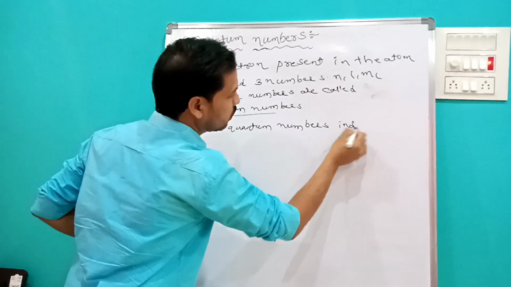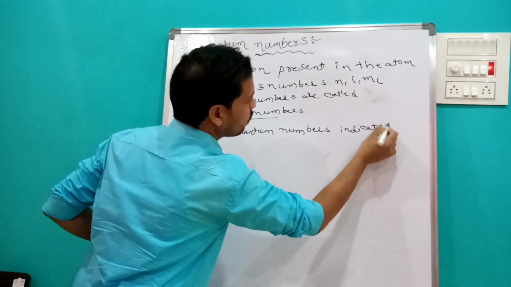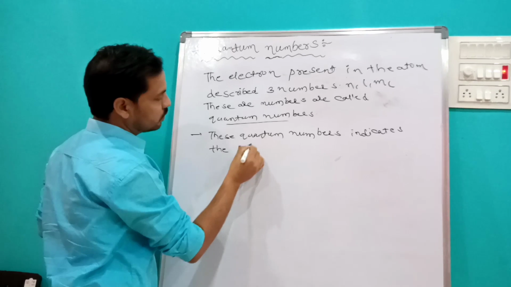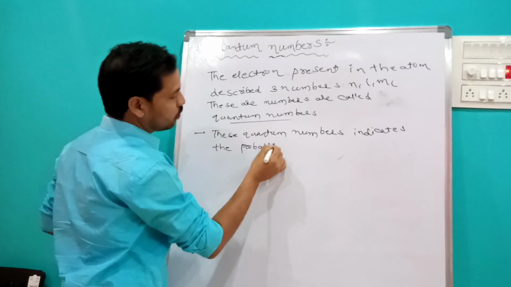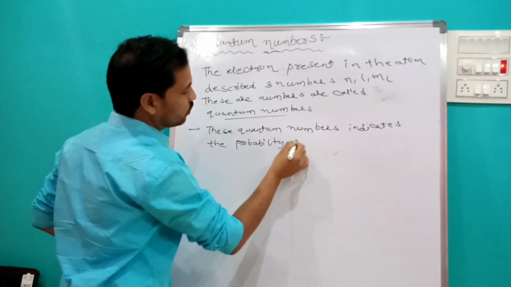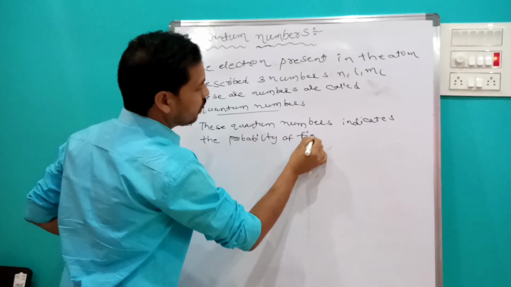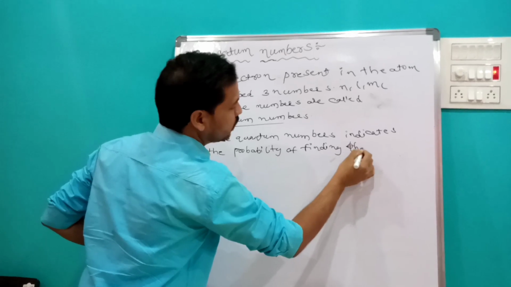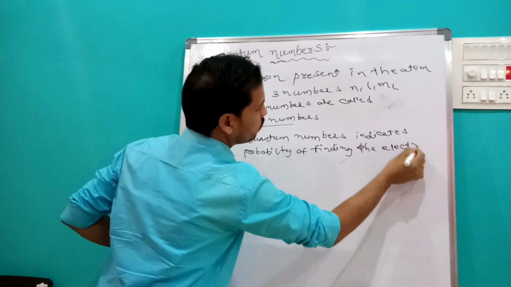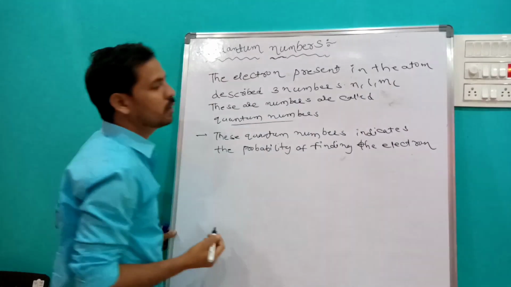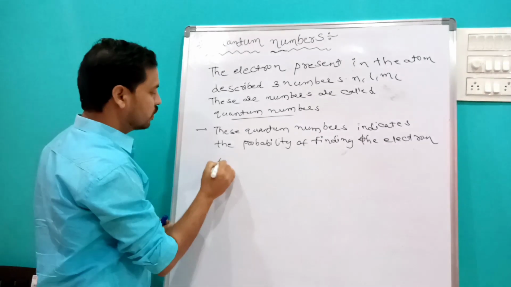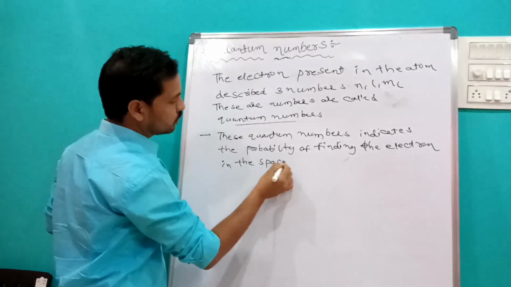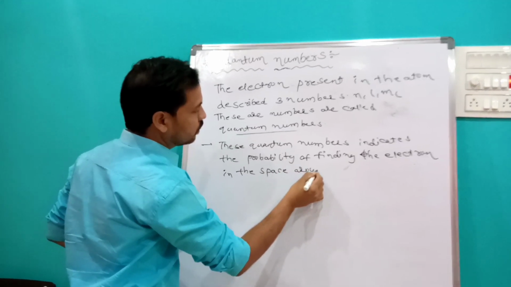These quantum numbers indicate the probability of finding the electron in the space around the nucleus.